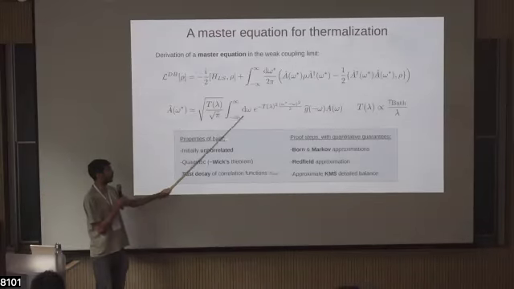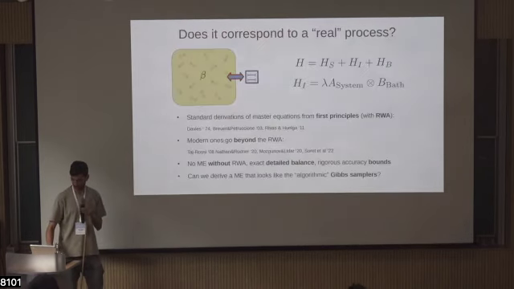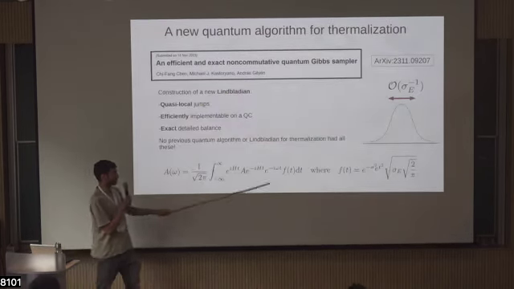I'm writing this in terms of frequencies instead of time, but you could take the Fourier transform. I have this Gaussian here, and then this thing, which is again the Fourier transform of the correlation function of your bath. Its Fourier transform is the analog of this exponential, essentially.